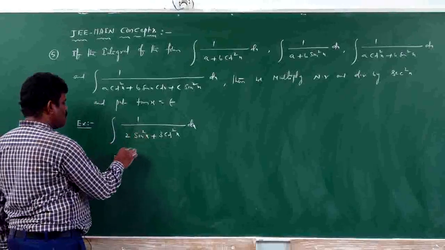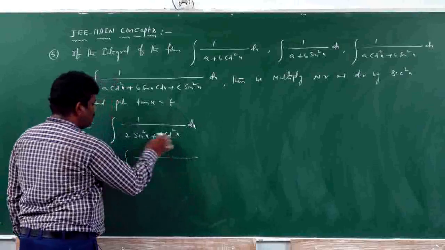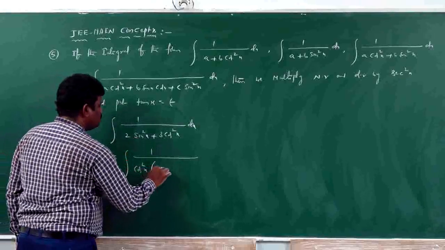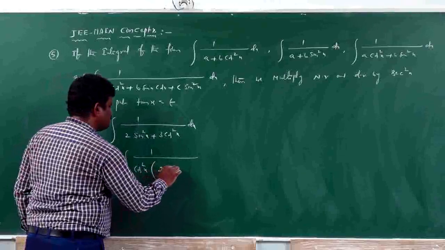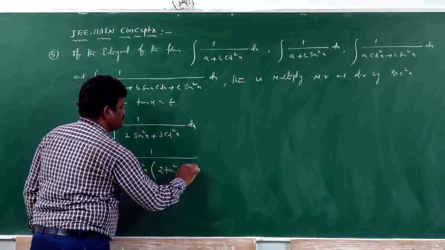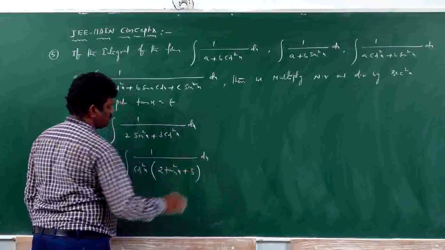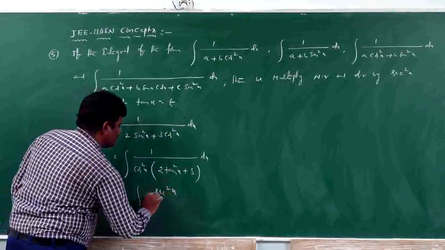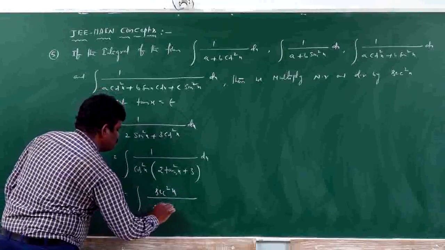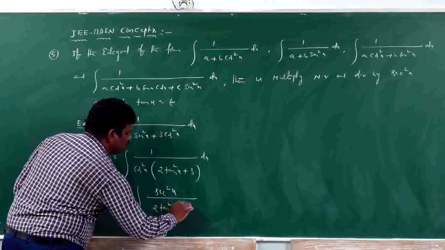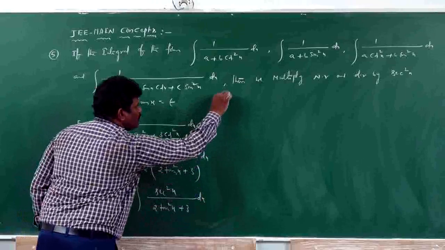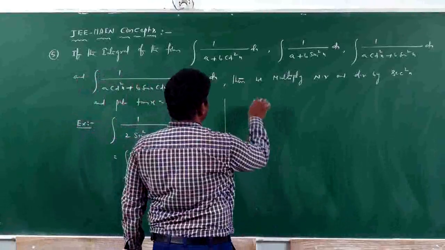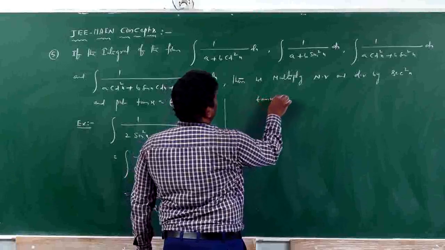Now to simplify this, multiply numerator and denominator by secant square x, or take cos square x common. Taking cos square x common, we get 2 into sin by cos, tan square x, plus 3, into dx. Next step, the integral of secant square x by 2 tan square x plus 3, dx. Now in this model we put tan x equal to t.